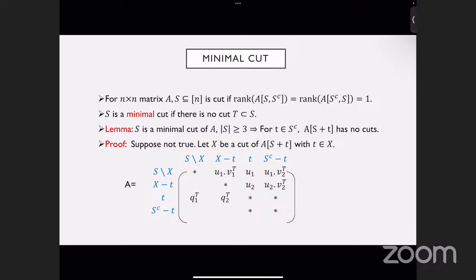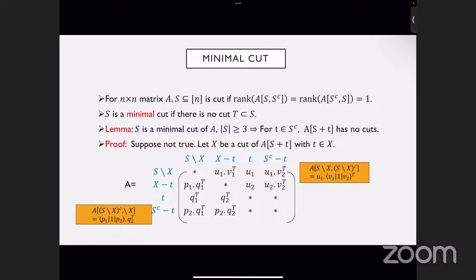Similarly, we consider the row corresponding to index T, and suppose this vector corresponding to columns indexed by set S minus X is Q1, and Q2 corresponds to the columns indexed by X minus T. Following the same argument, the remaining entries of the matrix should look like this.